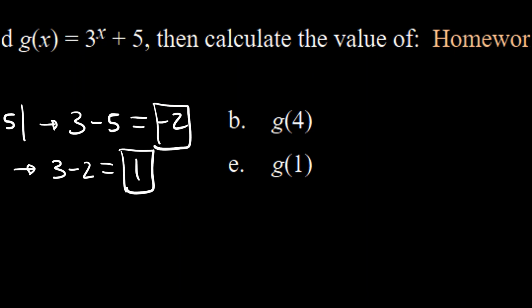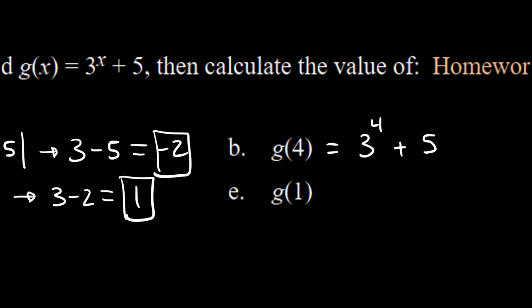All right, let's go to B. It says g of 4. Okay, so this is exponential. So this is 3 raised to the 4th power plus 5. Well, I happen to know that 3 times 3 is 9, times another 3 is 27, times another 3 is 81. I know that because I know that 9 times 9 is 81.